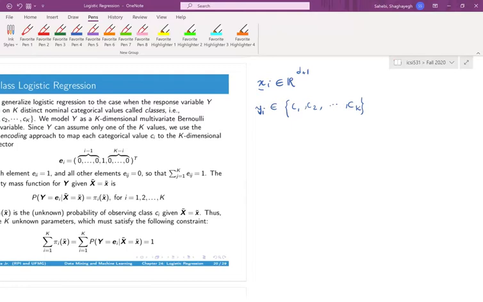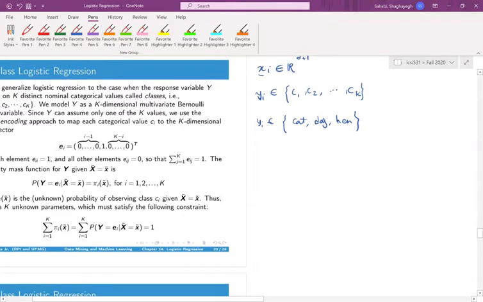So what is one-hot encoding? We have binary vectors of length K for each of the yi's. One of the elements of this vector is for one class. And when a data point belongs to one class, that element in the vector is going to be 1, and the rest of the classes are going to be 0. So for example, we have yi's that belong to cat and dog and hen, right?